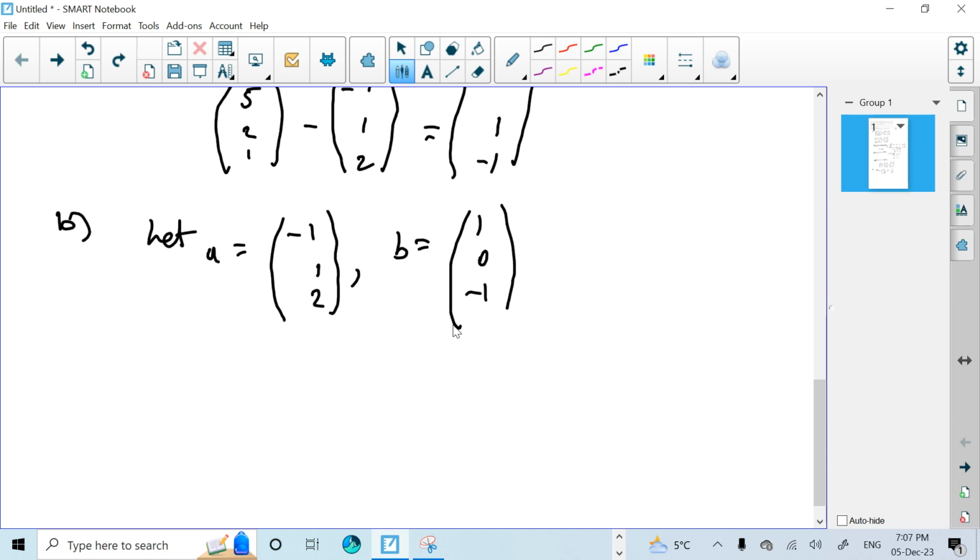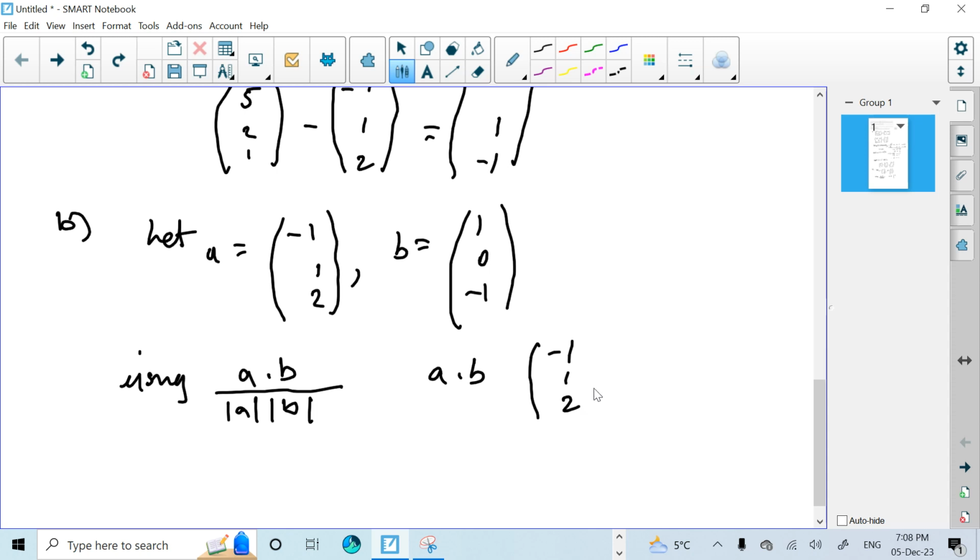And now, of course, because we are going to use a dot b over the modulus of a times the modulus of b, we need to find our dot product. So a dot b is minus 1, 1 and 2, multiplied by 1, 0 and minus 1.